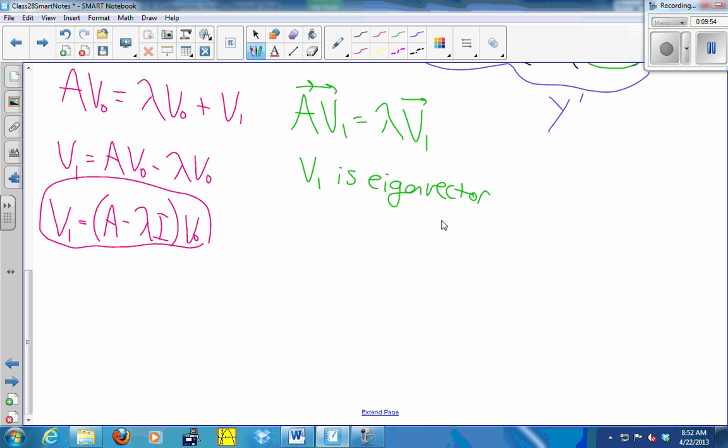So this looks like you should be able to factor out a v naught, but A minus lambda, that's a matrix minus a constant, doesn't make any sense. So you multiply by the identity matrix I. Yeah, so lambda I, that is the matrix lambda 0, 0, lambda.